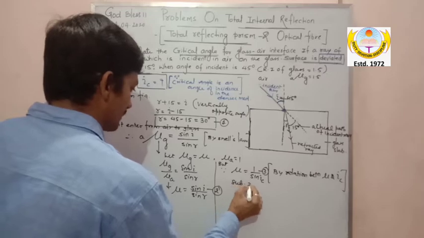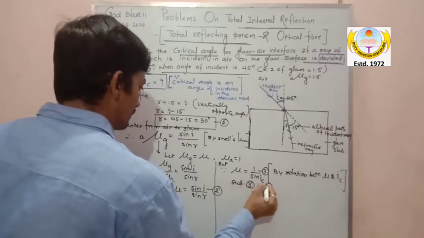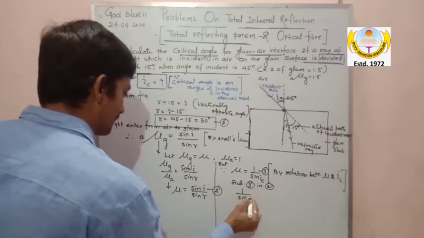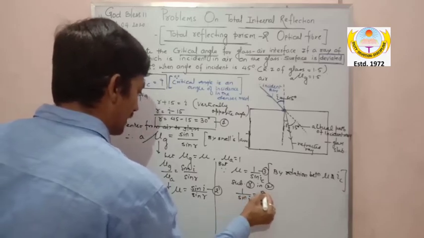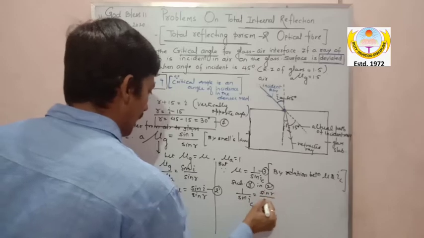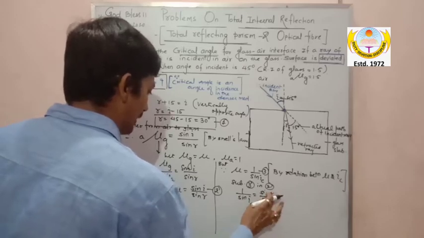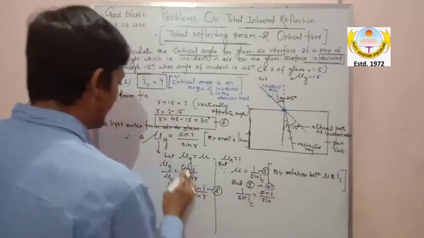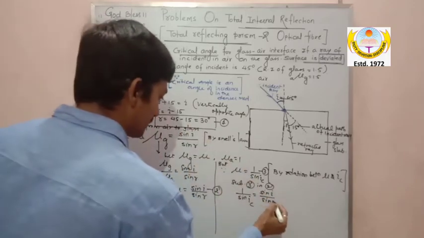Substituting 3 in 2, in place of mu I will write 1 by sine IC is equal to sine I upon sine R. You can see R is 30, I is 45.